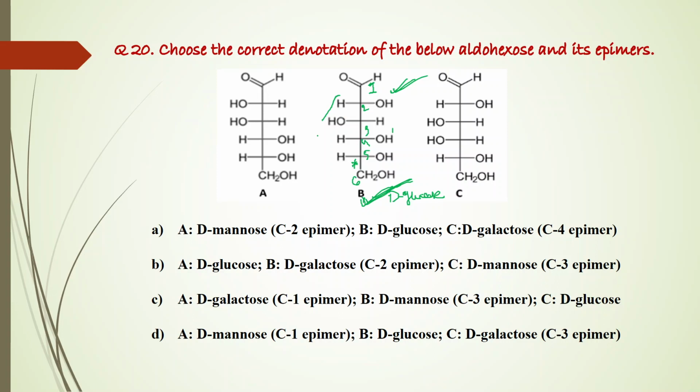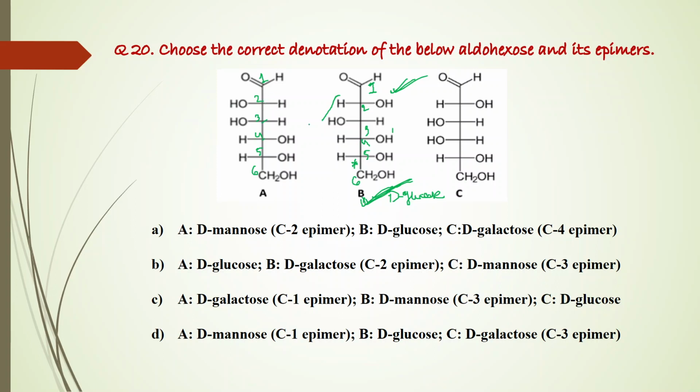The only change between them is at this position. This carbon center has been changed. Let me mark here again: 1, 2, 3, 4, 5, 6. So the 6 position is the same, 5 is also the same, 4 is the same, 3 is also the same, but we can see a change in stereochemistry at the C2 position.